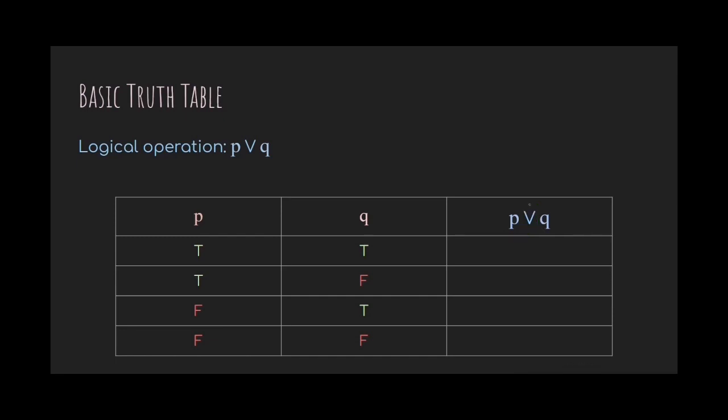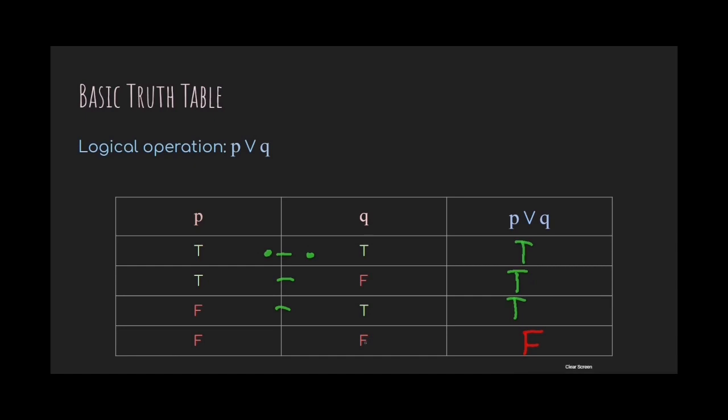And that operator says that if this or this is true, then my statement is entirely true. So just one of them has to be true and the entire thing will be true. So it has to have at least one true. That means that this is true, this is true, this is true, and the last one is false because neither P or Q are true.